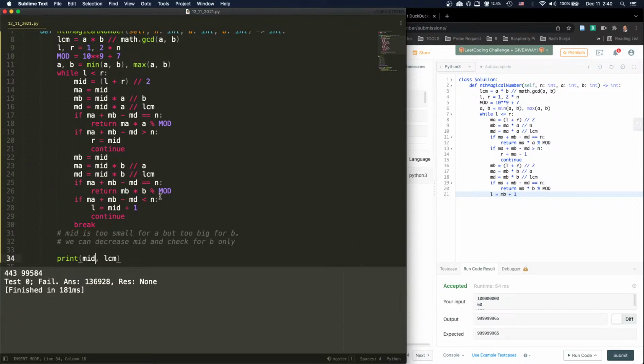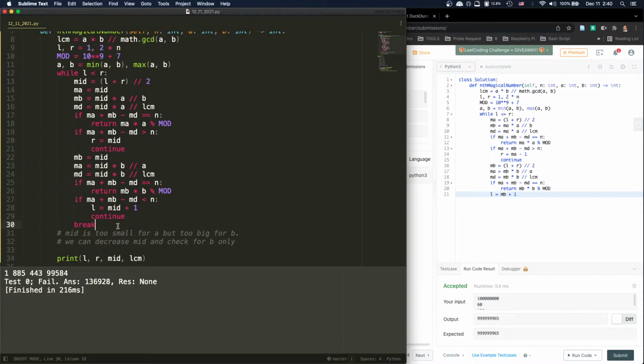So what does this mean? What's L and R? Wait, I have not converged yet. I have not converged yet. This is not right. Wait, don't break.